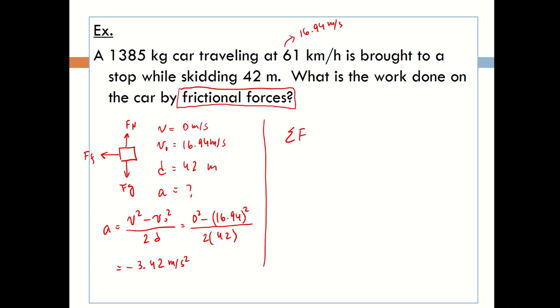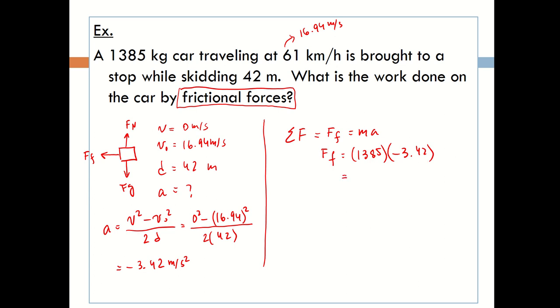So I'm going to make force of friction positive here, so I don't have to do an extra step in rewriting it. And again, there's no other forces, so this is going to equal our ma here. So force of friction is going to equal the mass, which is 1385, times the acceleration, negative 3.42.